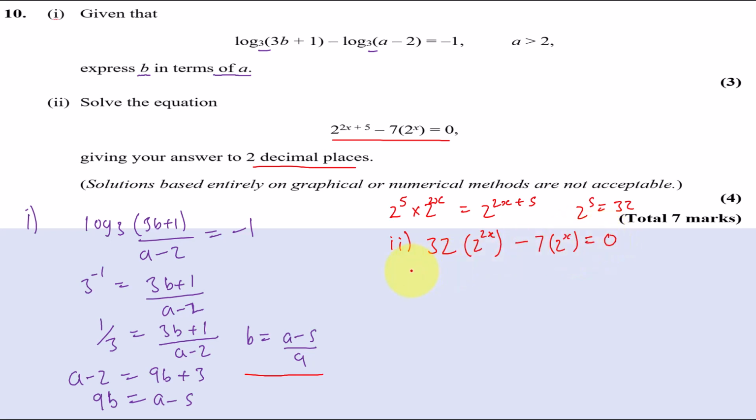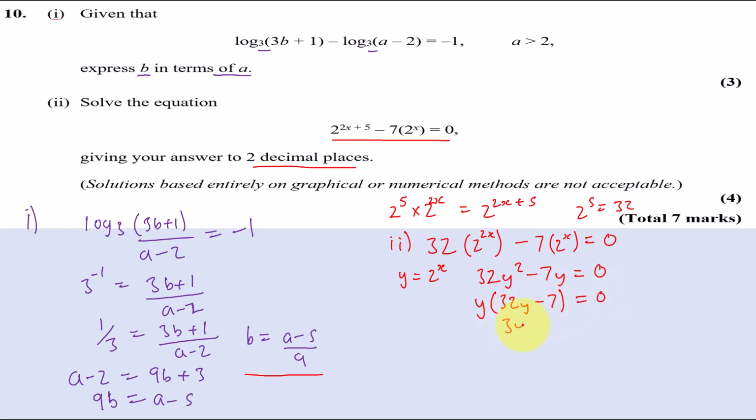Now remember when I said, we'll just let y equals 2 to the x, so this actually becomes 32y squared minus 7y equals 0. Let's just take y out. 7 is not a factor of 32, so that's y times (32y minus 7).